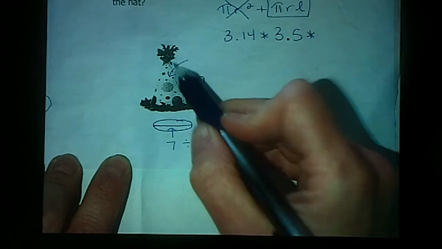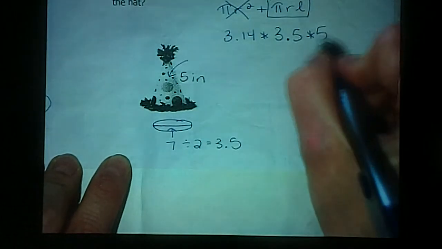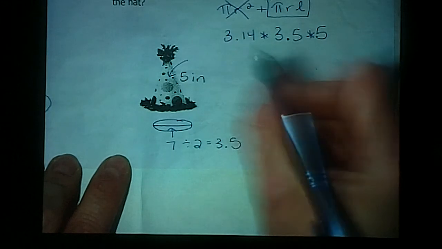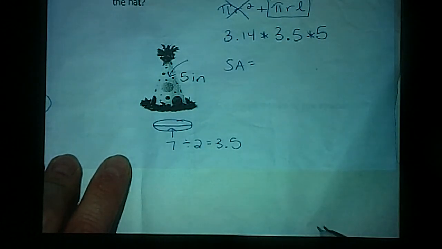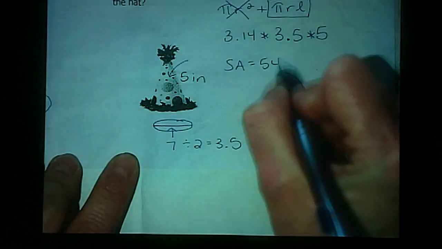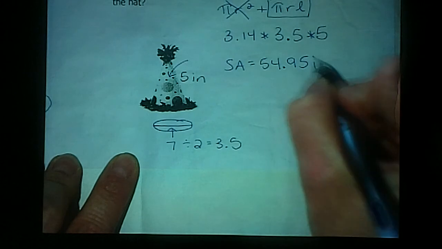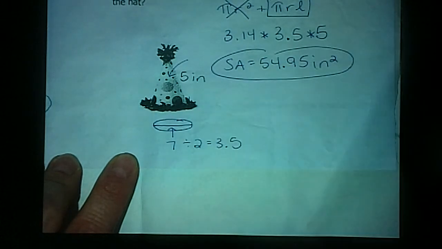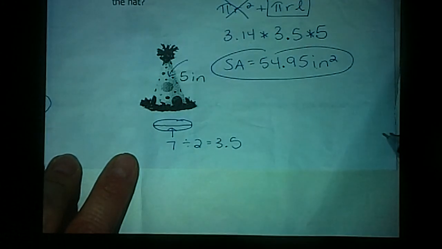And the slant height of this one is 5 inches. When you multiply it all out, the amount of paper you would need is, do you have it? Do you know it? It is 54.95 inches squared, and you are done. Record time. Woo!